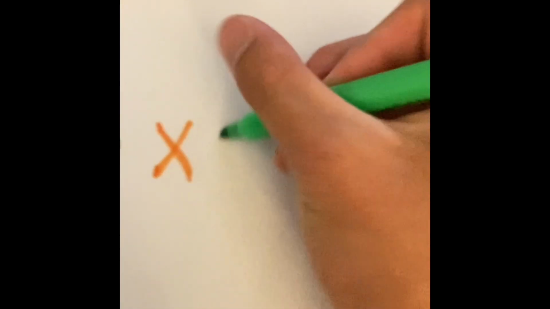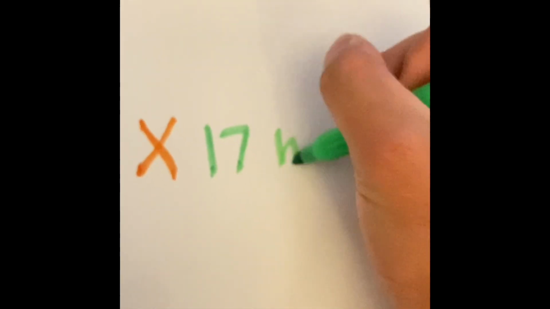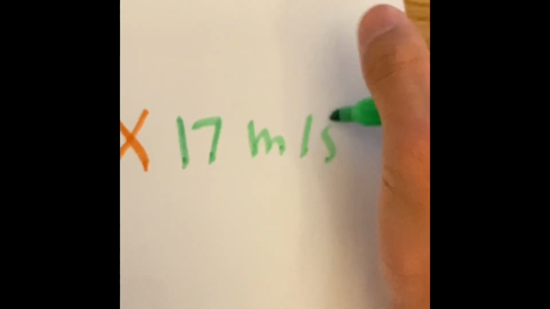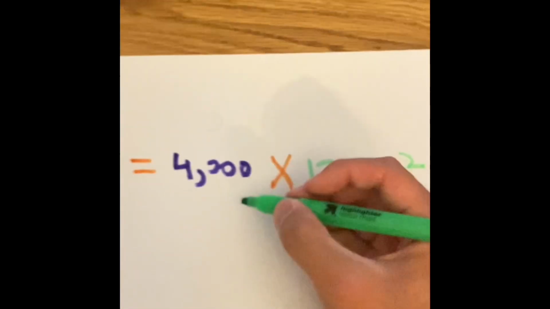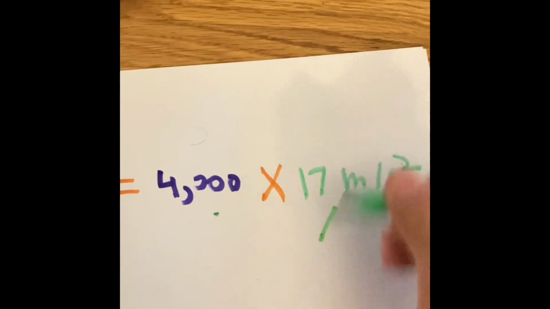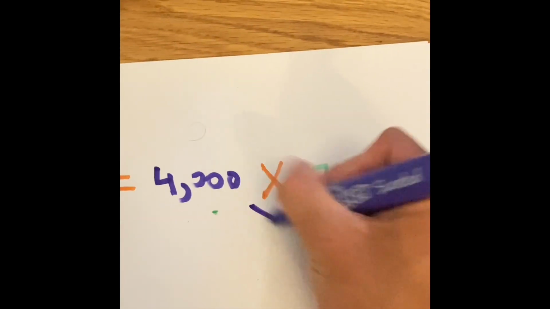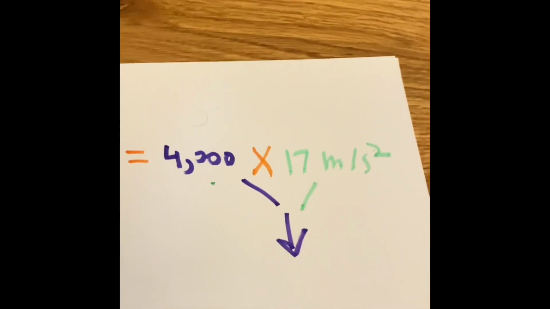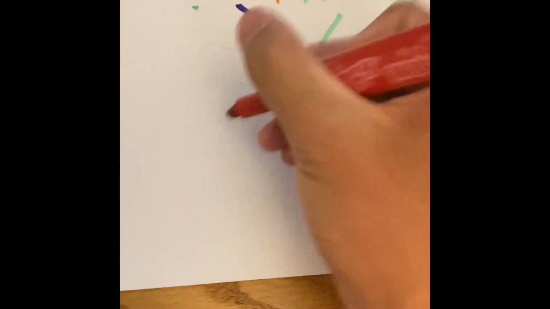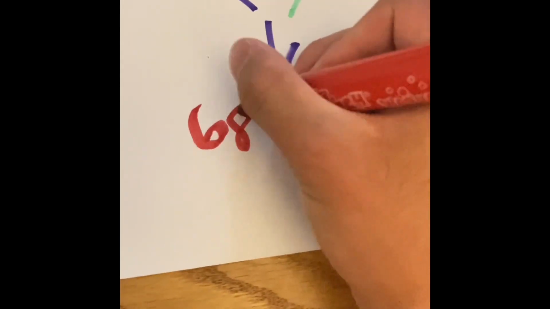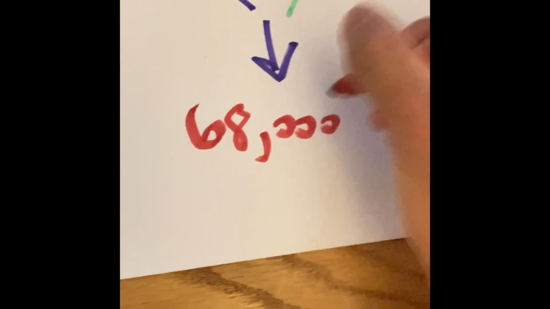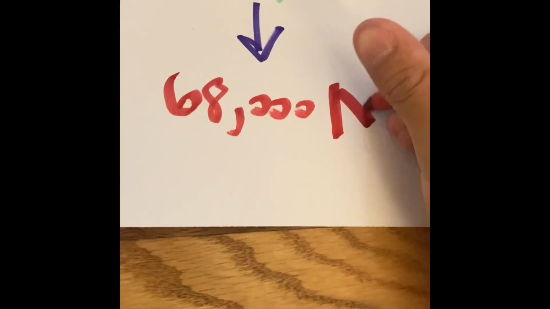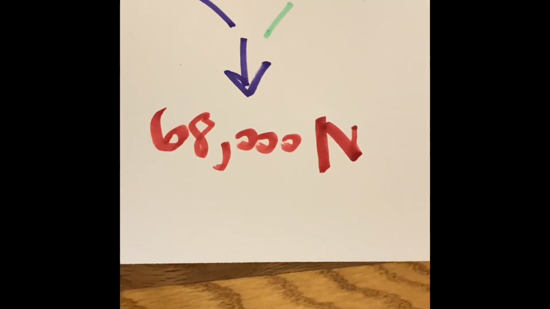When we multiply 17 and 4,000 together, you'll need a calculator for this, you will get an answer of 68,000 newtons.